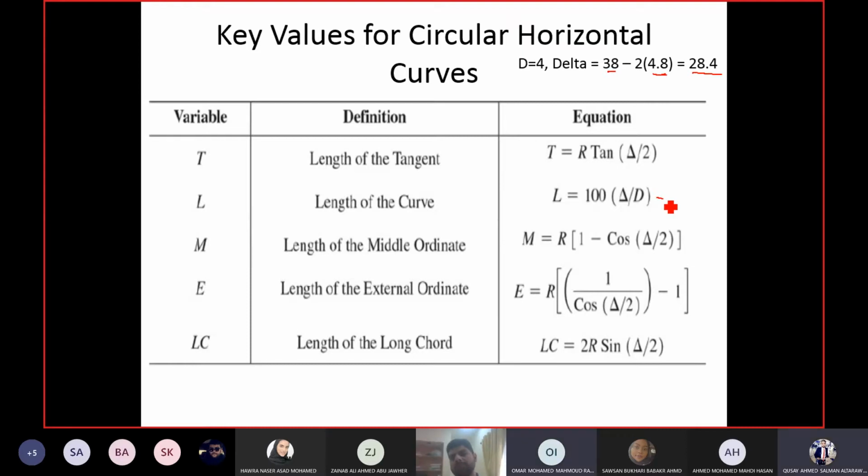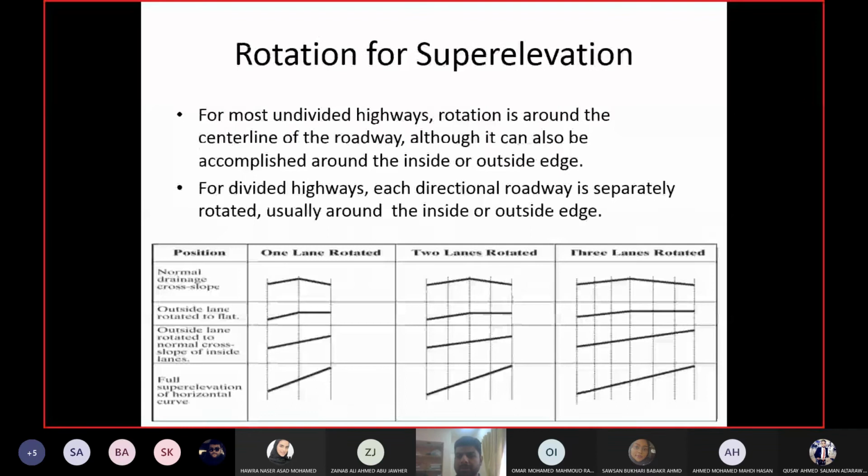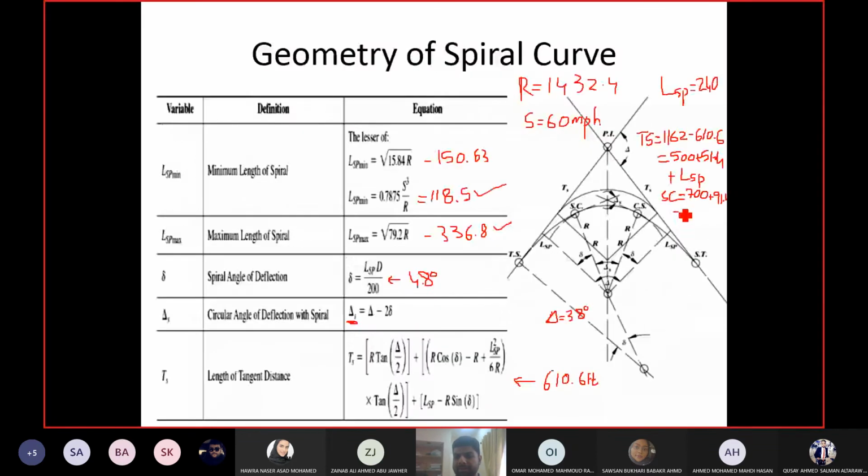710. I will directly write it here. So to SC you will add 710 to get CS, and I will write CS here. Tell me the value.